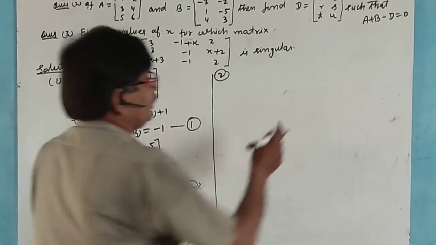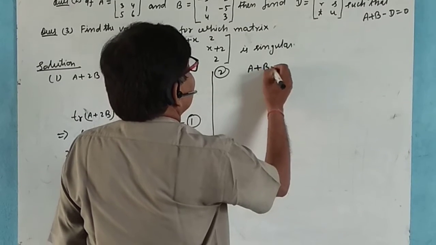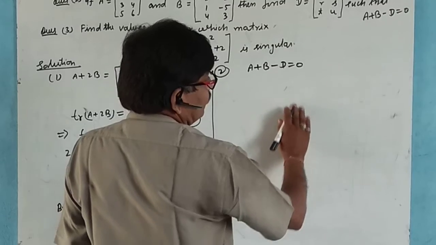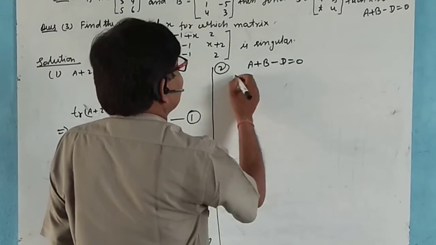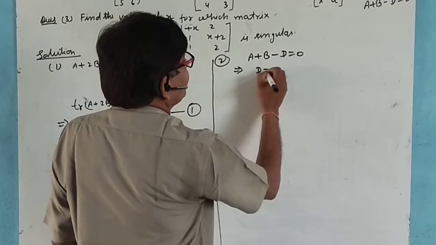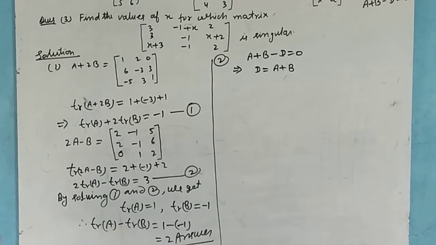Now, given that A plus B minus D equals 0, this implies that D comes to the other side, so D equals A plus B.